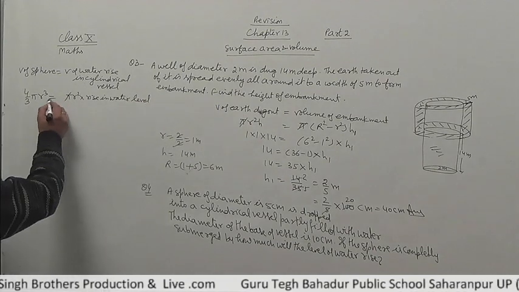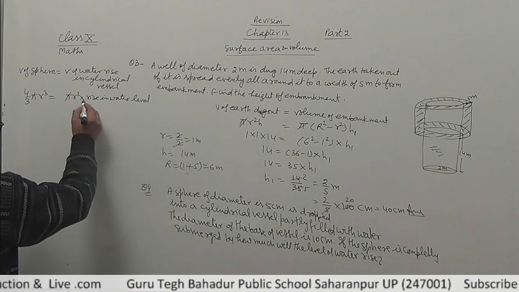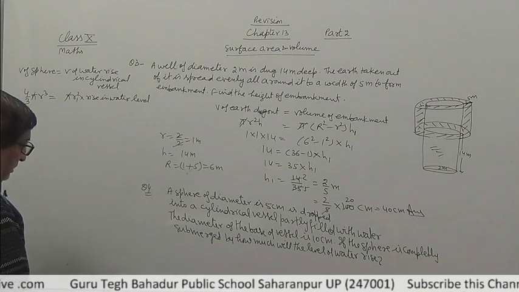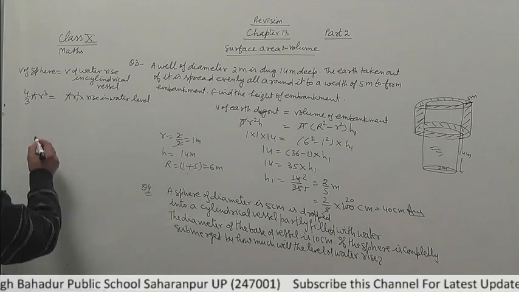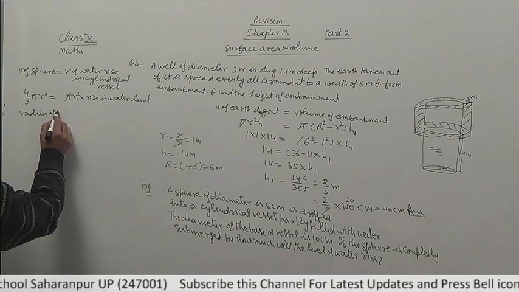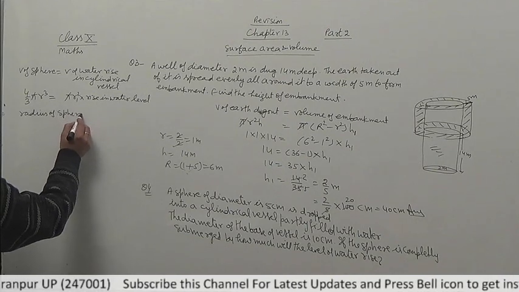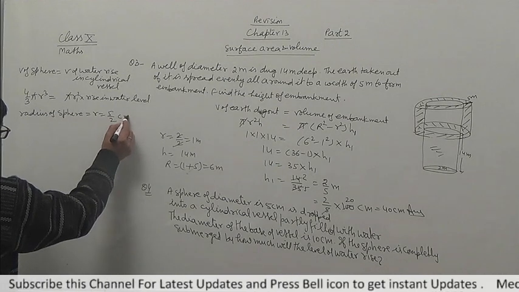Pi and pi cancel. You can say this is R1 because the radius is different. Radius of sphere, that is R, is equal to 5 upon 2 centimeter.